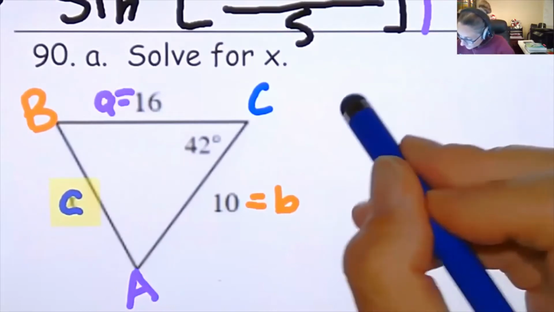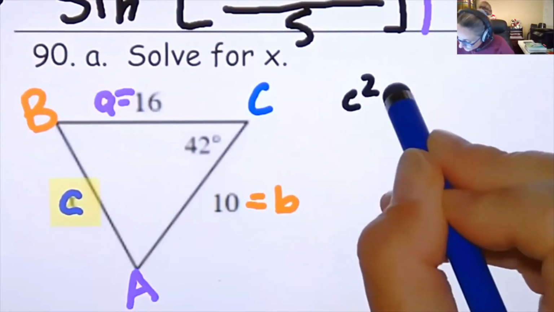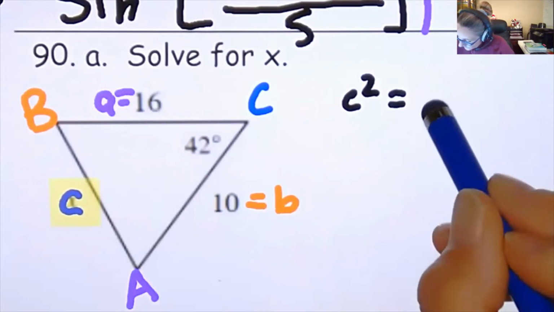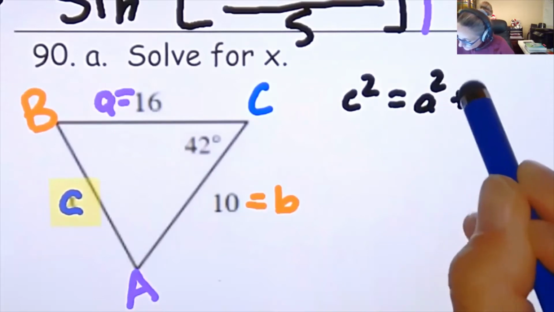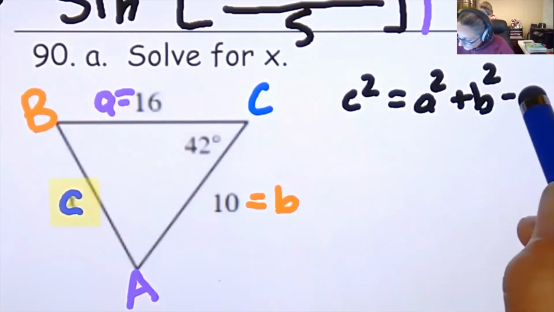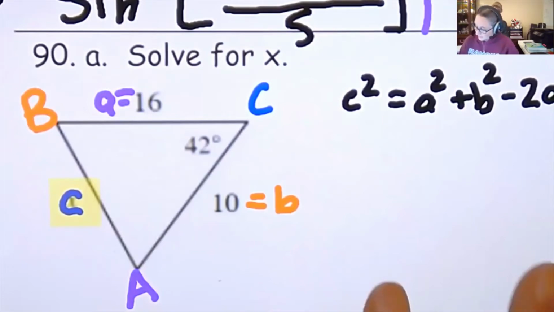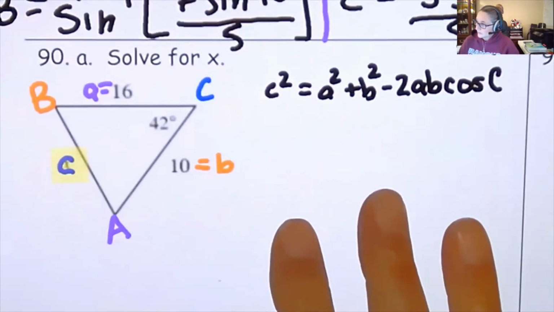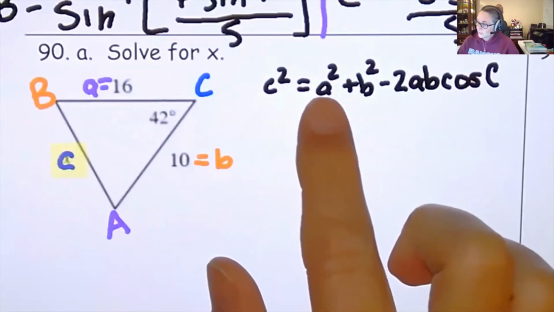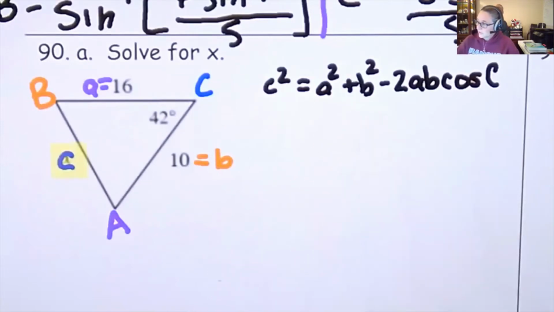C squared is equal to A squared plus B squared minus 2AB cosine C. Okay, let me put that in the picture. So C squared is equal to A squared plus B squared minus 2AB times cosine of C.